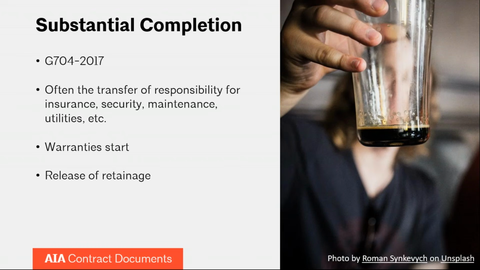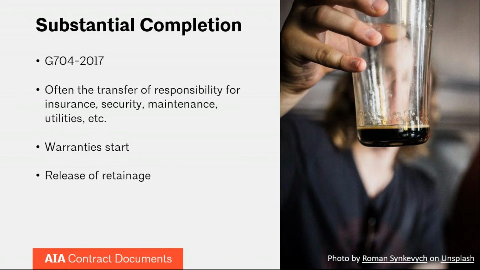Quite a few events are triggered by substantial completion. That certificate will often have allocations for things like insurance, security for the site, maintenance, and utilities. They all will be apportioned responsibility in the G704, and often that is the time in which responsibility goes from contractor to owner.